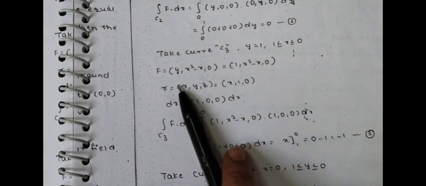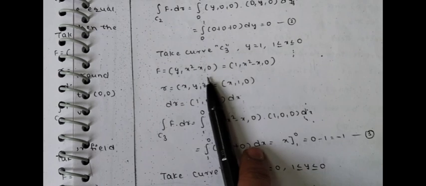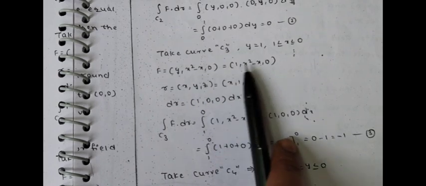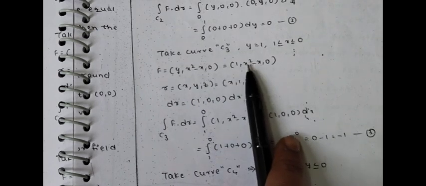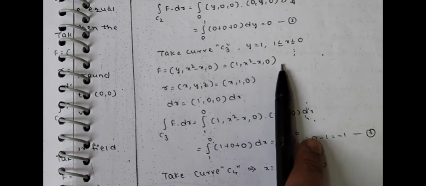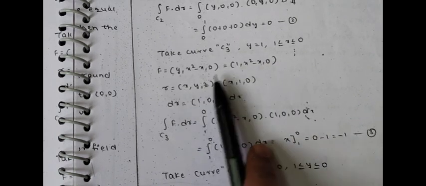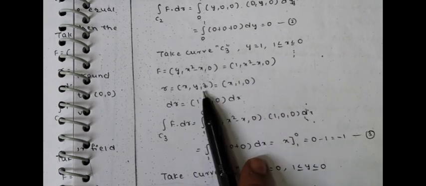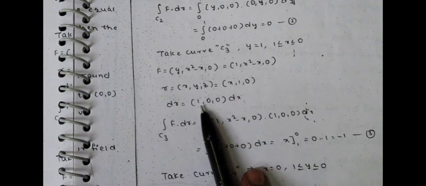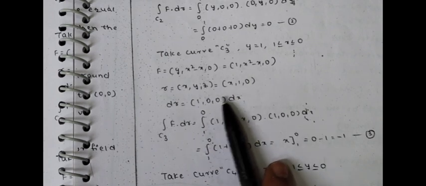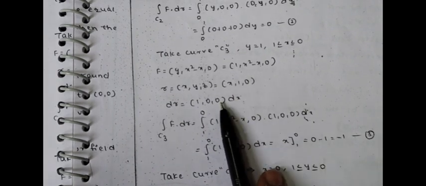Substitute y equals 1 here, and the x term we take as it is, and 0 here. The position vector is obviously x as it is, y equals 1 substituted, and z is obviously 0. Take the differentiation: the x derivative is 1, the constant derivatives are 0, and with respect to x we are differentiating, that's why dx.